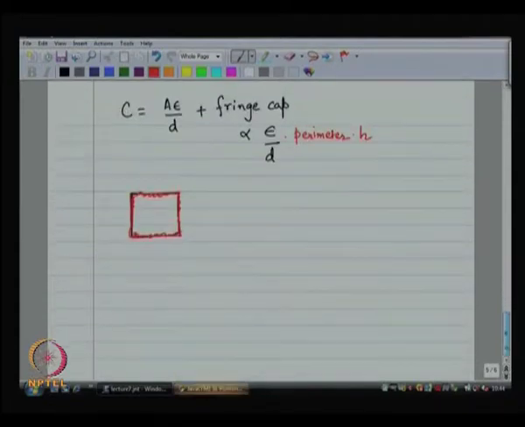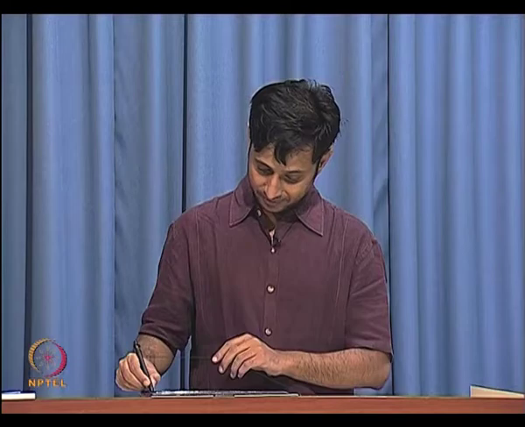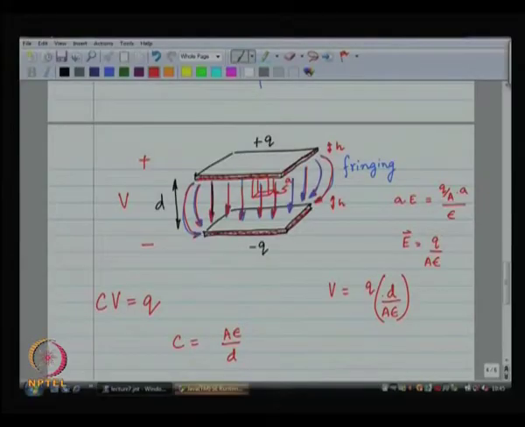Okay. Now, could this be a formula? Well, the dimensions are right, the proportionality is right intuitively, however, it is not really the case. See, in this case the field lines are curving, they are not coming straight. This would have been correct if they were coming straight. The field lines are curving towards the other plate. So, on top of this there is going to be the effect of the fact that they are curving.